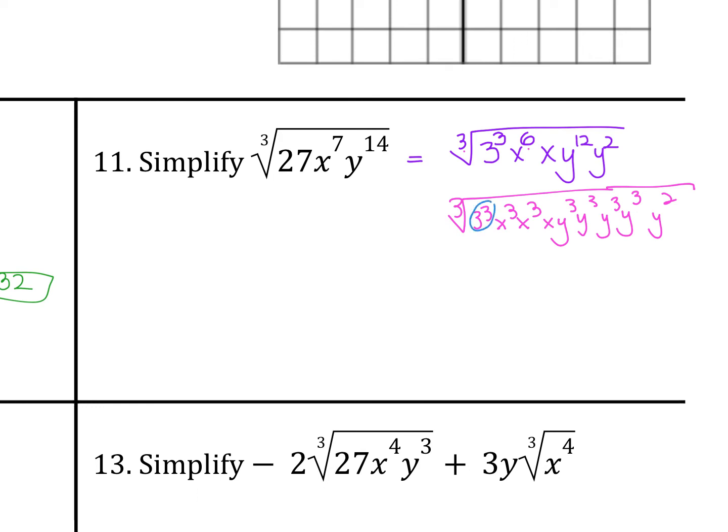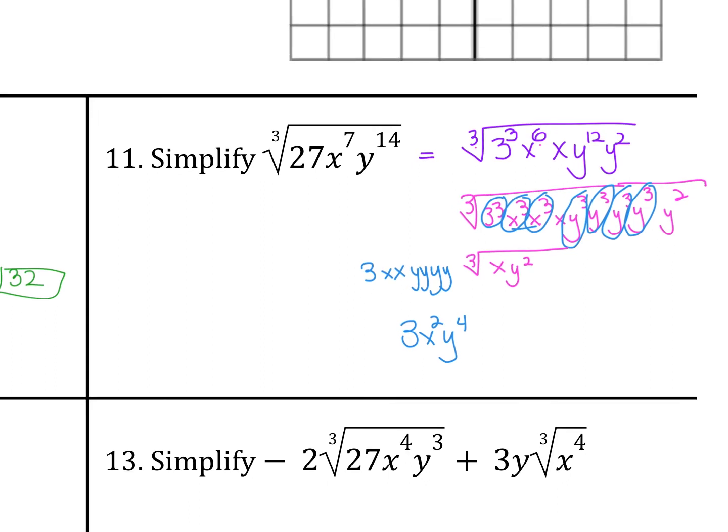I'm going to show you why my shortcut works. I take everything with the 3rd power out, so I have 2 x's and 4 y's, and what's left is an x and a y squared. If I simplify, I get 3x squared y to the 4th cube root of xy squared.